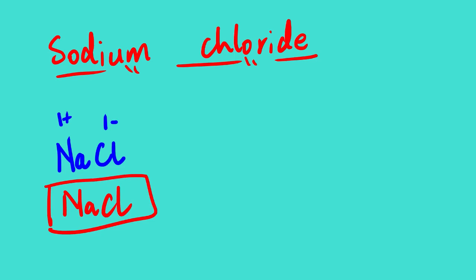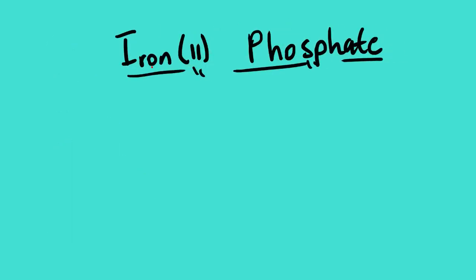Let us look at the next example. Iron 2 phosphate. The reason why we specify the number is that iron has a number of ions. We have iron 3, we have iron 1. So phosphate is another polyatomic ion that you should be familiar with. It is one of the basics we covered.